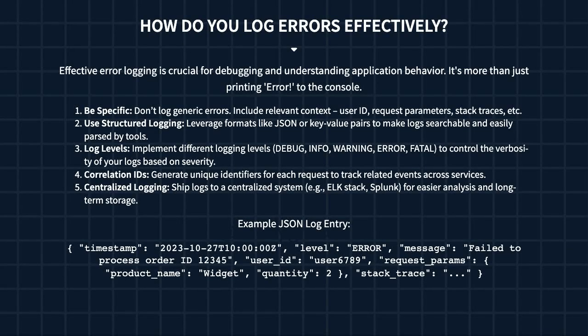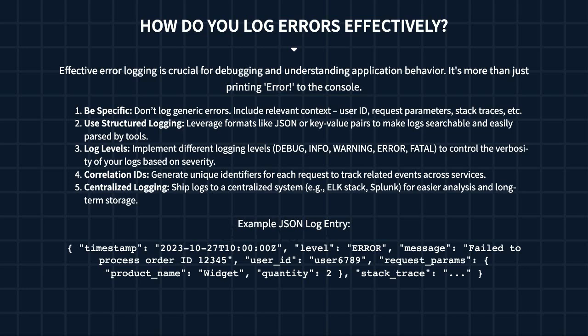Okay, let's talk about logging errors effectively. It's not enough to simply say an error occurred. You need detailed information so you can actually figure out why it happened and how to fix it. Think of your logs as a detective's notes. The more details, the better. Start by making sure your messages are specific. Include things like user ID or request parameters that help pinpoint the problem.